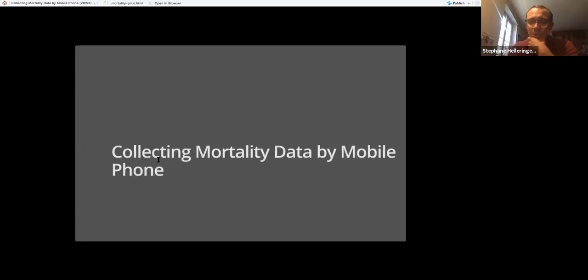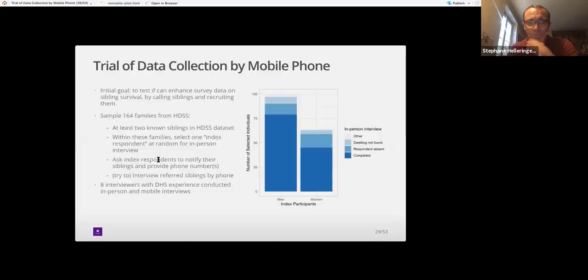So, trying to collect mortality data by mobile phone. Our initial goal in setting up this trial was to see if we could enhance existing survey data on sibling survival by calling siblings and recruiting them into our study, and then that extended into becoming an assessment of the reliability of collecting mortality data by mobile phone.